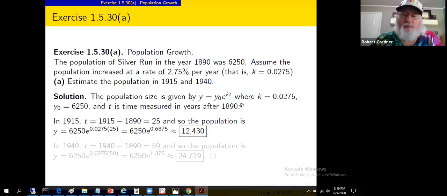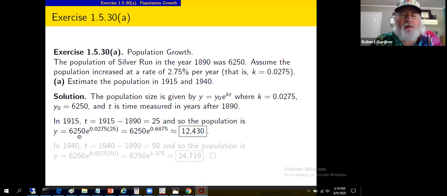I've been arguably remiss with the units in this one. So the population at that time is 6250 e to the 0.0275 times t. t is 25. I feed that to the calculator and get approximately, to the nearest integer, 12,430.